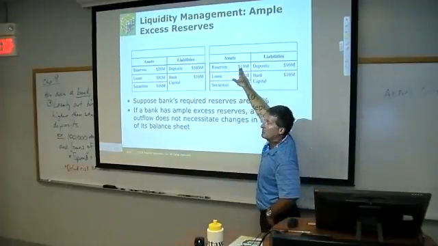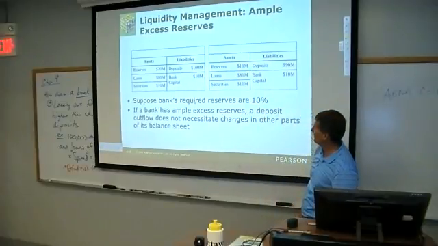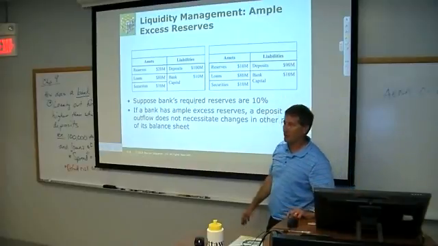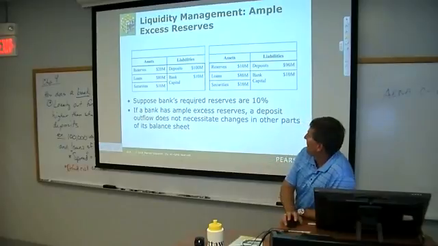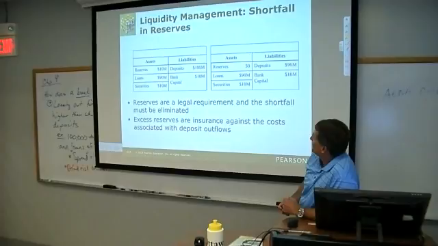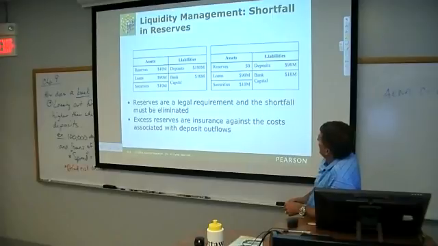I only need 9 million and I've got 10. Okay? All right, so that's one situation. Cool on that? Any questions? What happens with a shortfall?